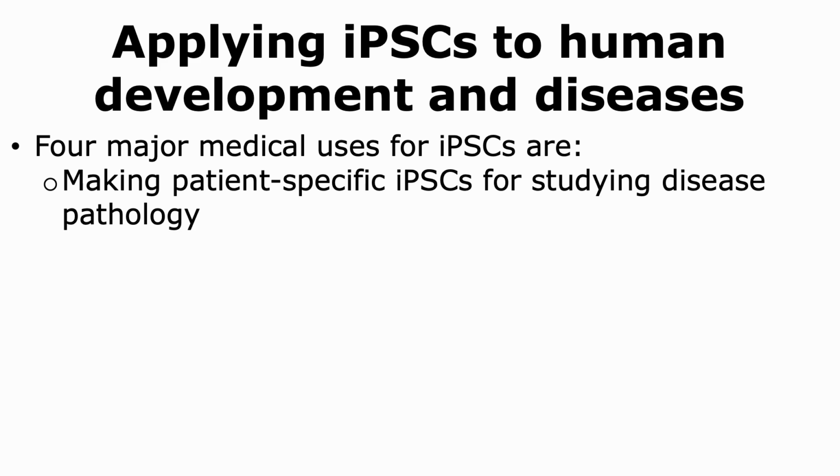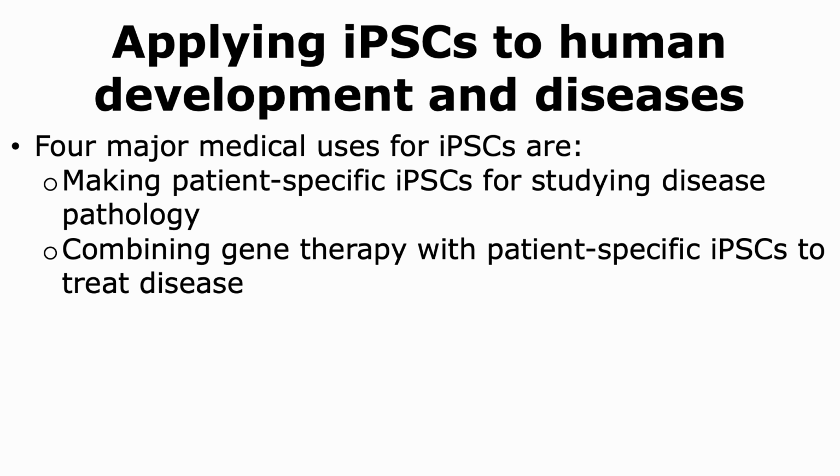Induced pluripotent stem cells can be used for various medical applications. Researchers have used patient-specific induced pluripotent stem cells for studying disease pathologies. Induced pluripotent stem cells can be combined with gene therapy to treat diseases as well.